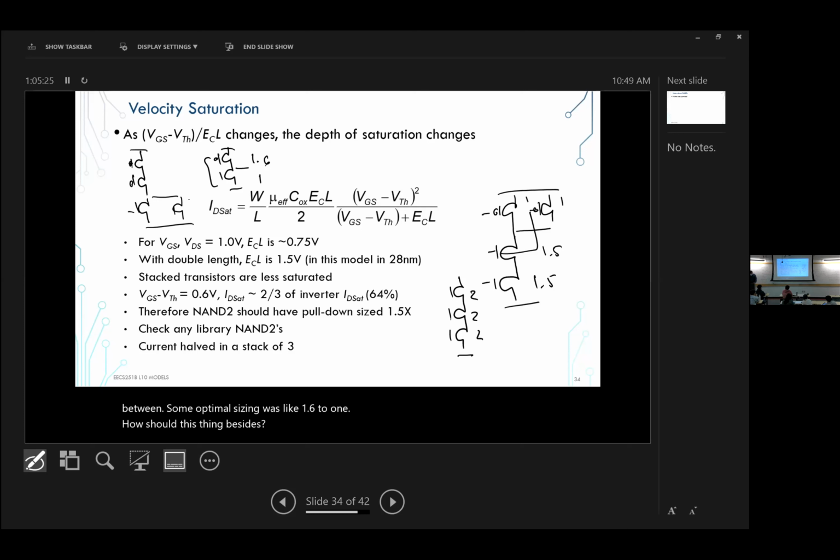Well, a NOR has single NMOS transistors in the pull down, so they should be made the same, right? What should be the upsizing factor for PMOS transistors? Is it the same as it was for NMOS transistors? More or less?